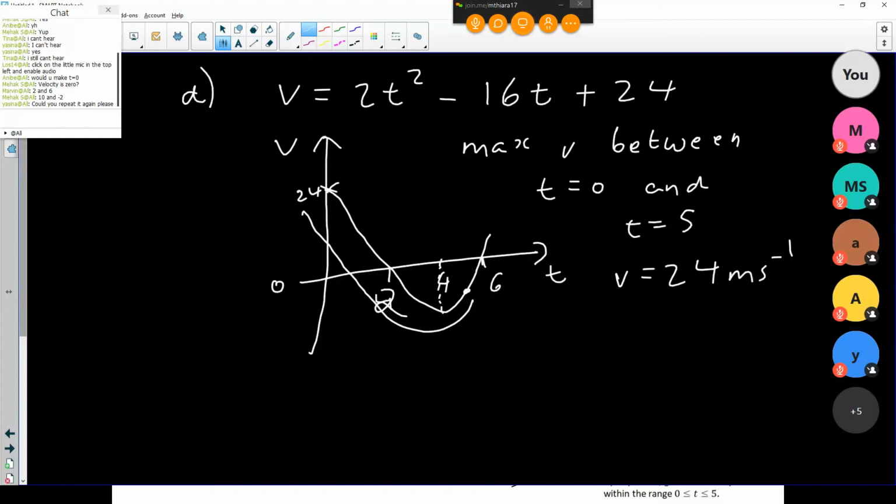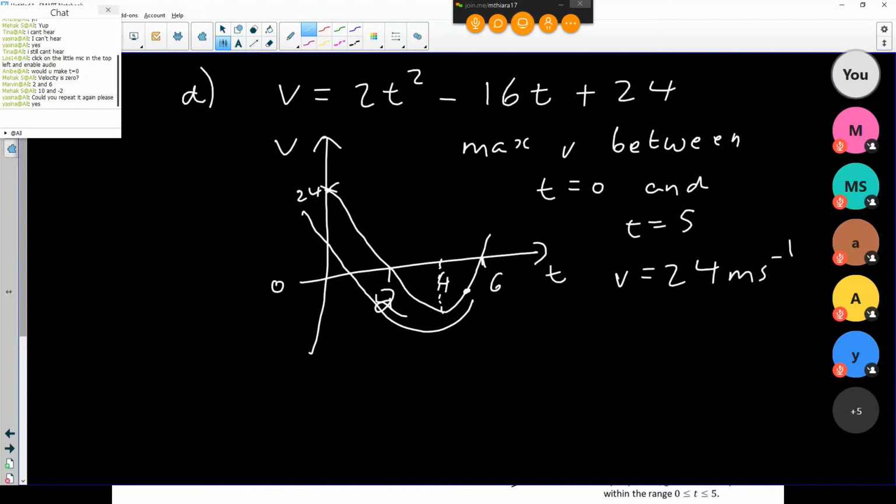Okay, so I had to do that by inspection. I couldn't use differentiation just yet, because differentiation actually gives me the minimum velocity, doesn't give me the maximum velocity. I had to do it by inspection. Does that make sense?